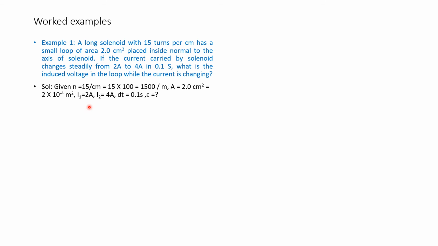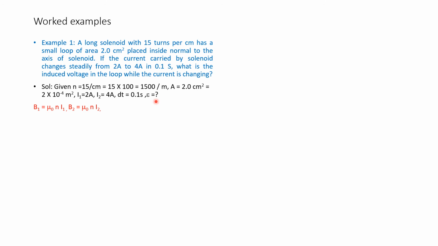Current I1 is equal to 2 amps and I2 is equal to 4 amps. Therefore, dt is 0.1 second. Initial current is 2 amps and final current is 4 amps in 0.1 second. The question asked is to find the induced voltage E.